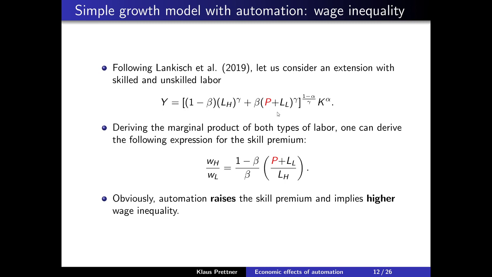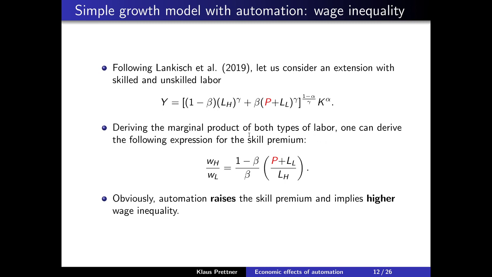They can substitute for them, but only to the degree that low-skilled and high-skilled workers are substitutes, and that's steered by the parameter gamma that influences the elasticity of substitution between low-skilled and high-skilled workers. Apart from that, the production function is still Cobb-Douglas overall, with this kind of term for aggregate labor, including automation and traditional physical capital. So it's a straightforward extension, basically.